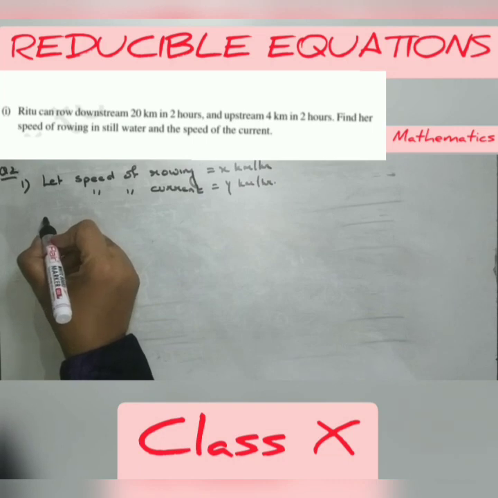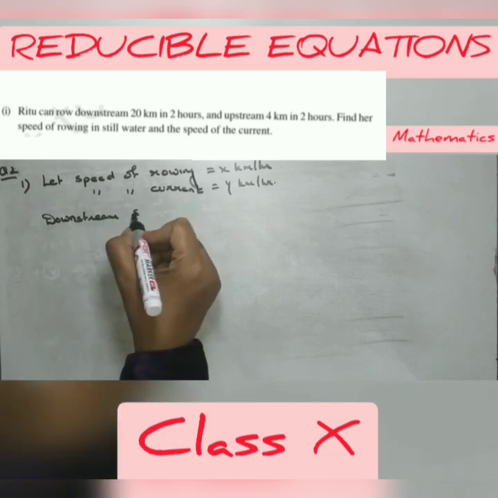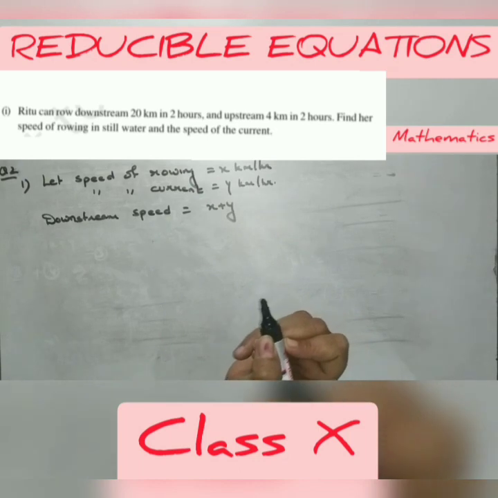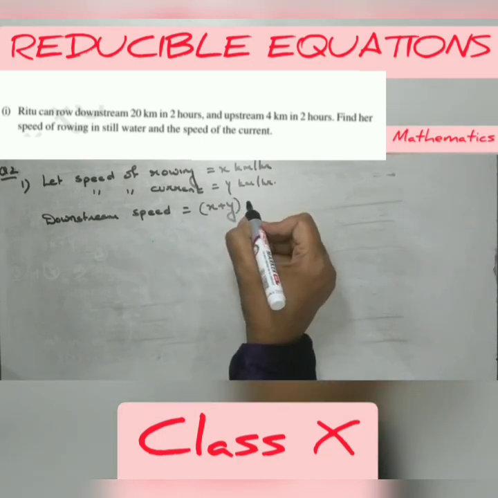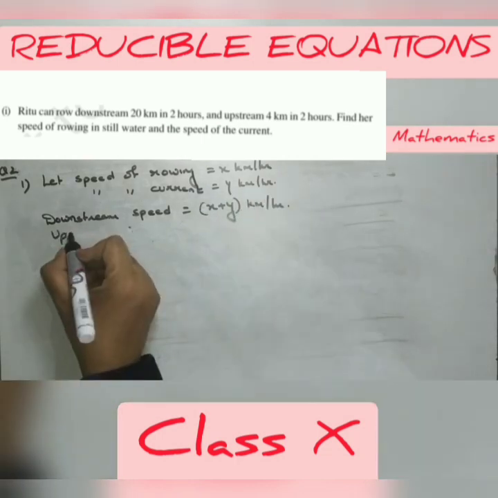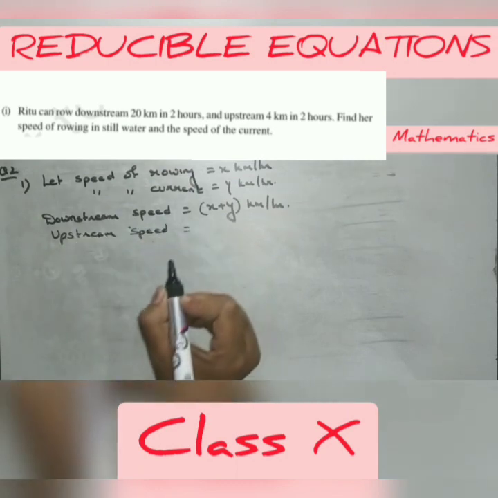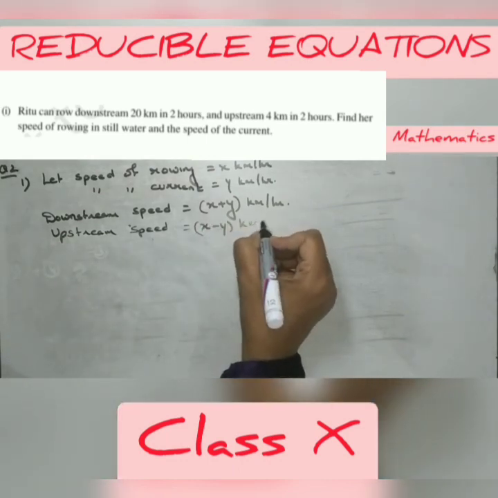First of all, find the downstream speed. Downstream speed is x plus y. Because you are going downward position, so the speed of boat is added to the speed of the water. So downward speed is x plus y km per hour. When you go upward, this is x minus y km per hour.